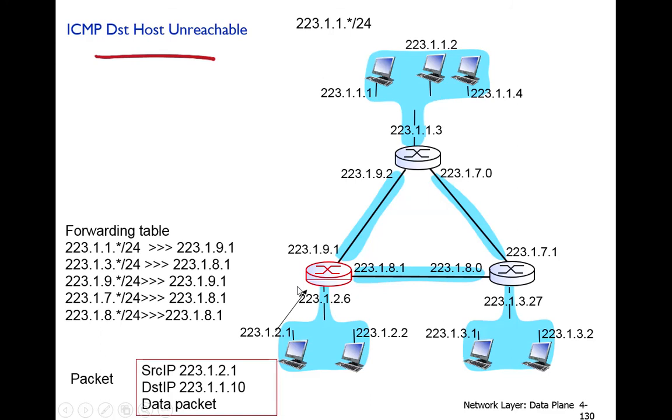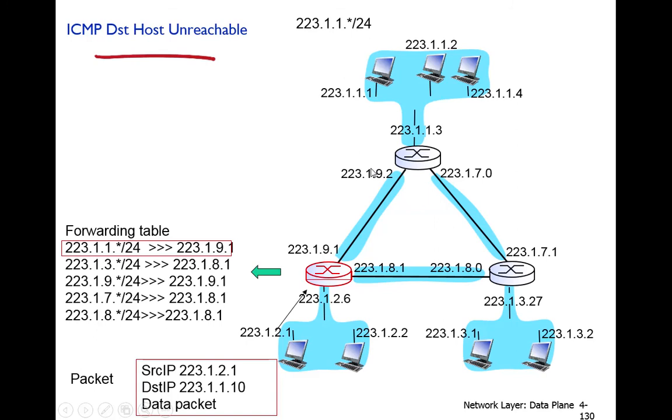The sending machine forwards that message to the router. When the router receives the message, it looks for a matching entry in its forwarding table. You can see that this destination IP address 223.1.1.10 matches this entry 223.1.1, so the message will be forwarded on this link.